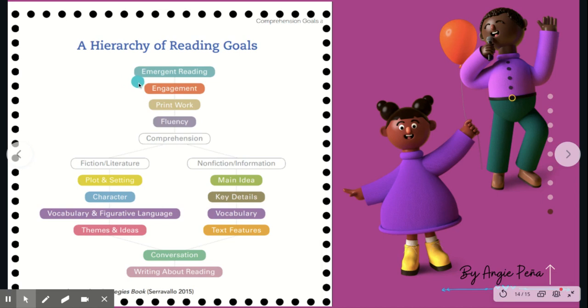So if my student, for example, let's check this one, emergent engagement, sorry. So if we have a student that doesn't seem to enjoy reading, that doesn't seem to be on task, that flips the pages and only checks pictures but doesn't check the print, or is just not engaged, or has no stamina, well, probably a goal or a skill for this student would be to work on engagement.